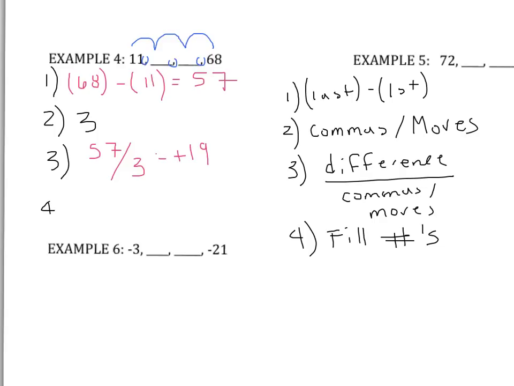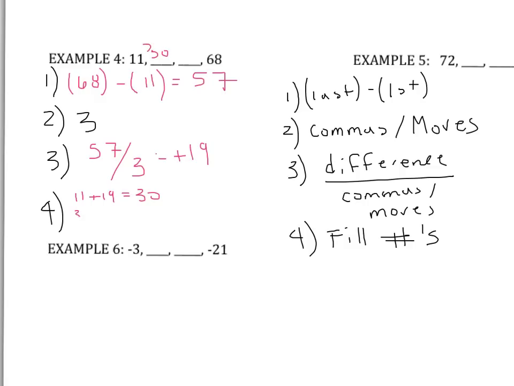That 19 is telling us that the difference between each of these terms in this example up here is 19. So let's just double check, and we're going to start with 11, and we're going to say, okay, 11 plus 19, that gives us 30. So our second term is 30.